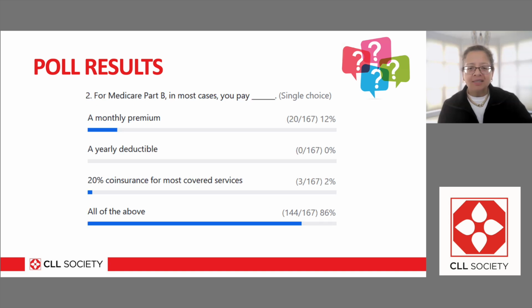And in the second question, again, that's great. The vast majority of you answered the question correctly: all of the above. So you will have premiums, deductibles, and co-insurance. And we just talked a little bit about the extent to which Medigap policies will help you pay for those things. But yes, you are expected to pay for all of the above. Great, thank you.